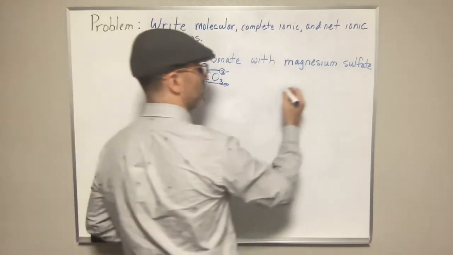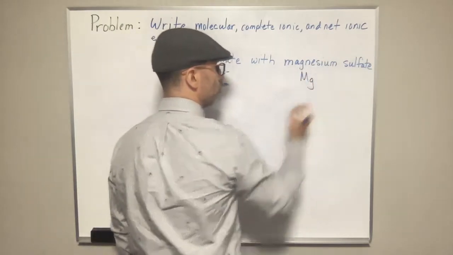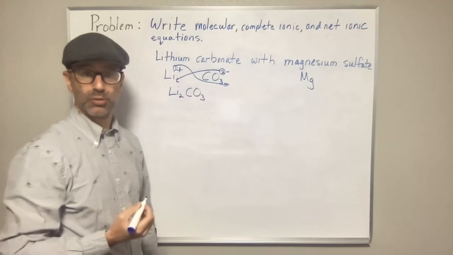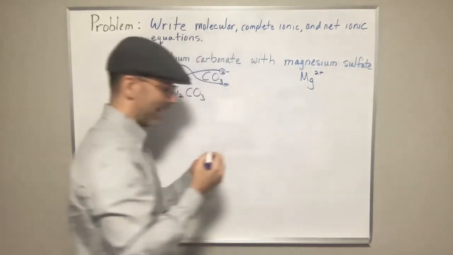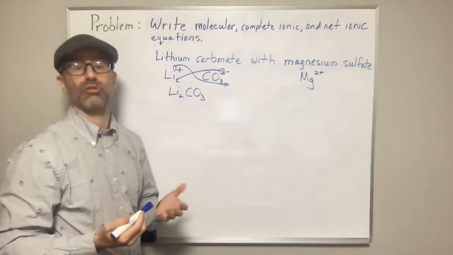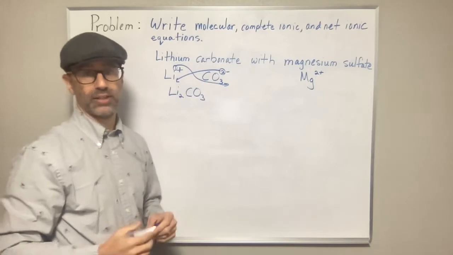And we could do the same thing with magnesium. Magnesium is in group 2, so it's going to have a +2 charge. Since it's in group 2, it has 2 valence electrons, so it's going to lose those 2 valence electrons.